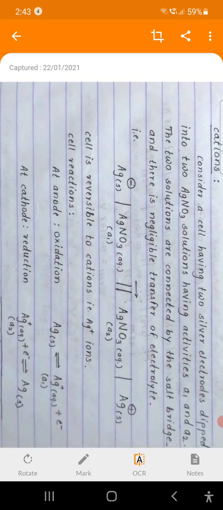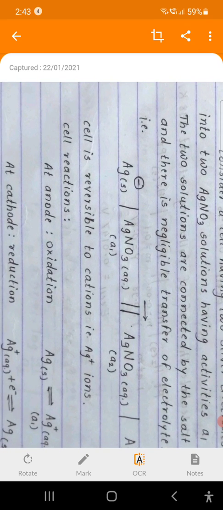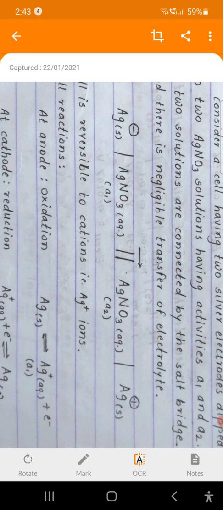Here a silver rod is dipped in silver nitrate solution having concentration A1. This is one electrode, and in the other electrode also a silver rod is dipped in silver nitrate solution.